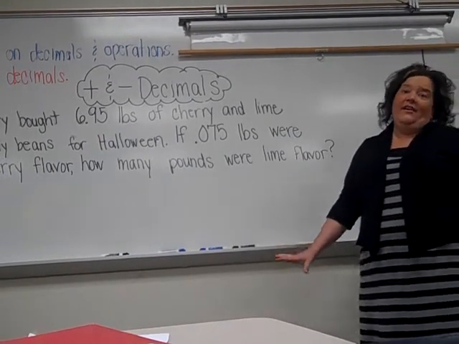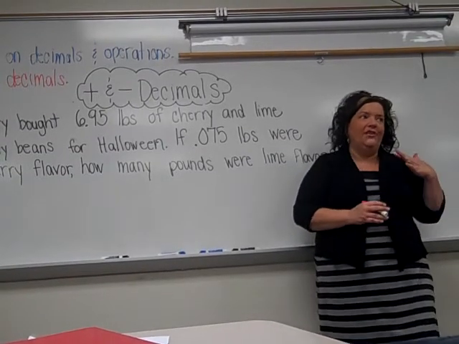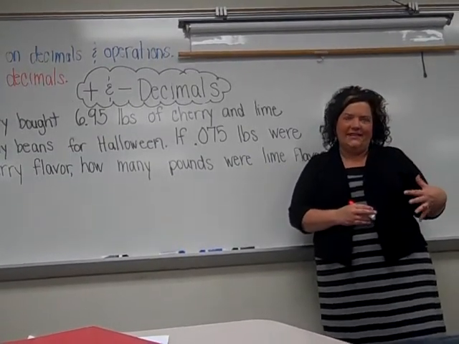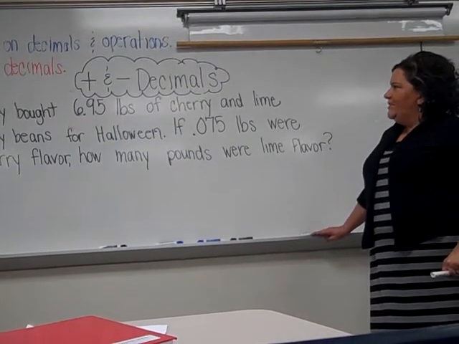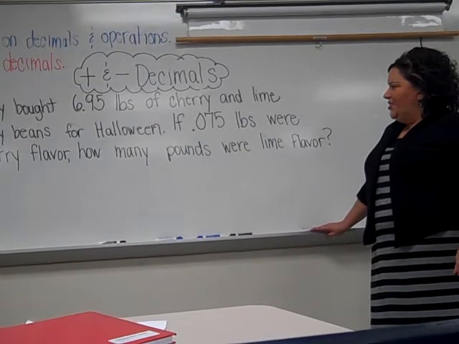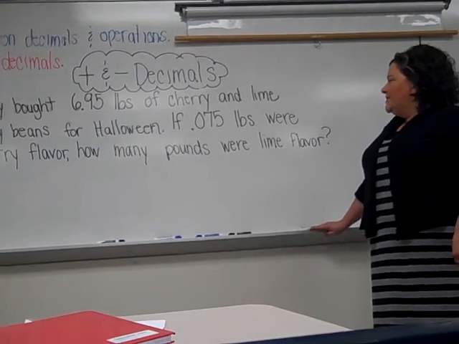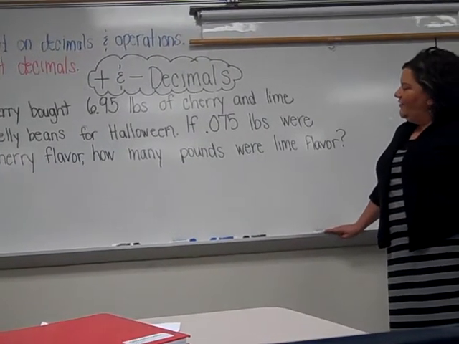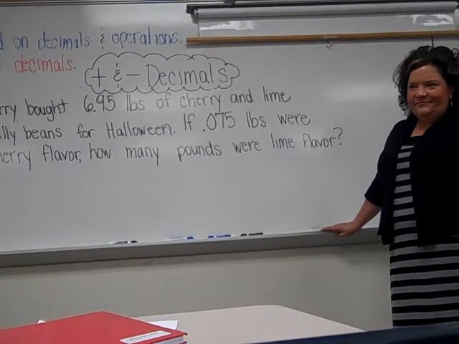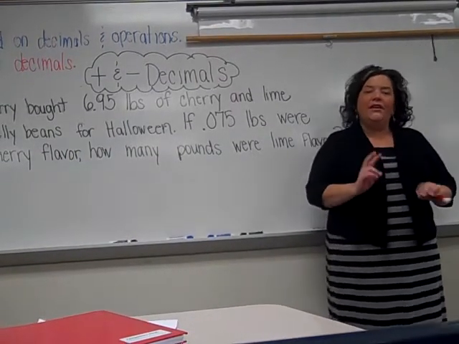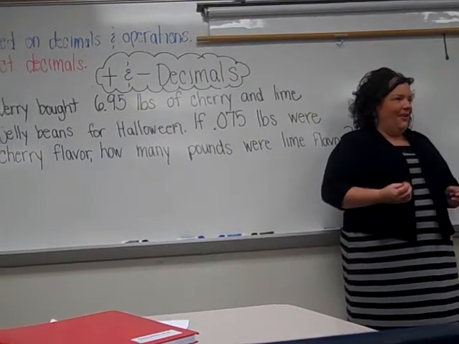Okay, I'm going to read the problem one more time, just to make sure that I can really understand what the problem is asking. Jerry bought 6 and 95 hundredths pounds of cherry and lime jelly beans for Halloween. If 75 thousandths pounds were cherry flavor, how many pounds were lime flavor? A lot of the times, children, when you read the problem twice, you understand it better.